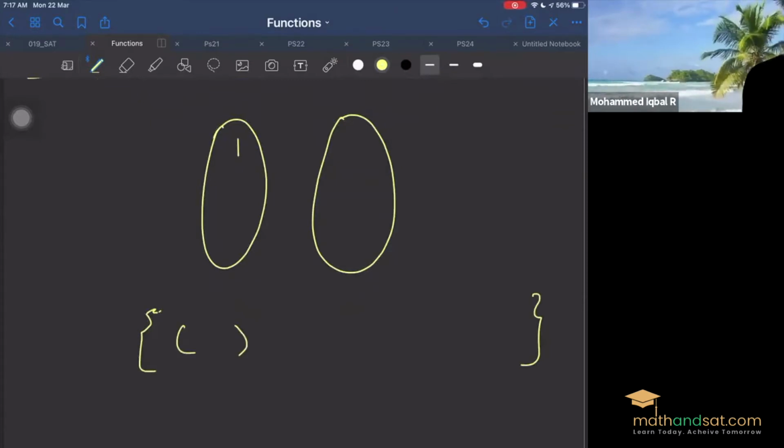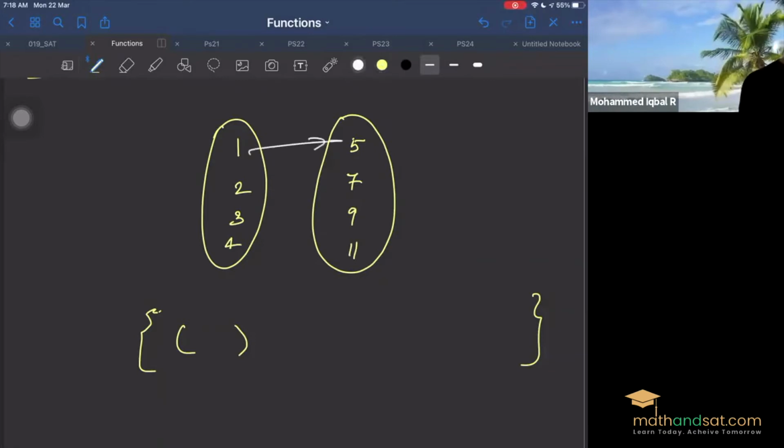Say, for example, this is 5, this is 7, this is 9, this is 11.